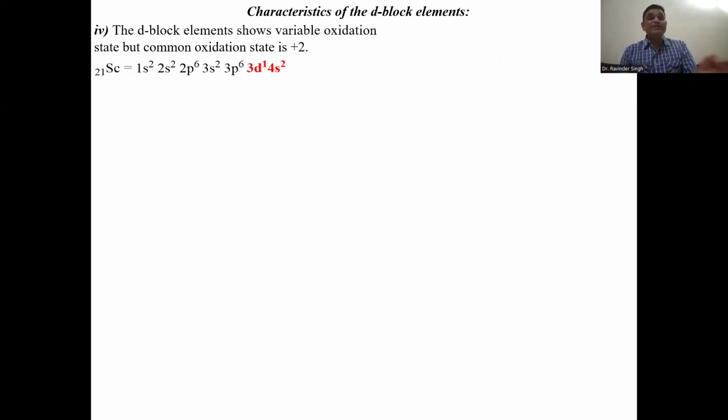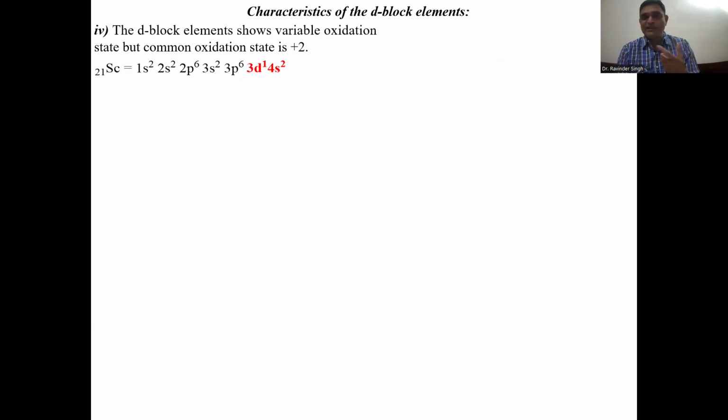Or to explain why they show variable oxidation states, you have to write the configuration of the first element, that is scandium. You can write one more element and the last one also, like zinc. By writing these configurations, you can easily explain why they show variable oxidation states. A very simple answer is that there is a very small energy gap between the 3d and the 4s. The proper answer for why the d block elements show variable oxidation states is the very small energy gap.